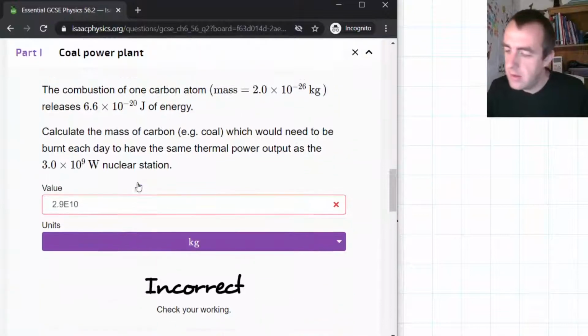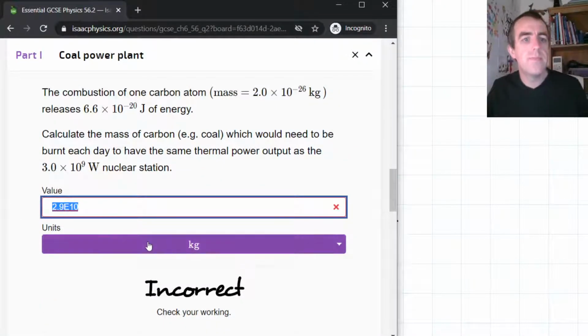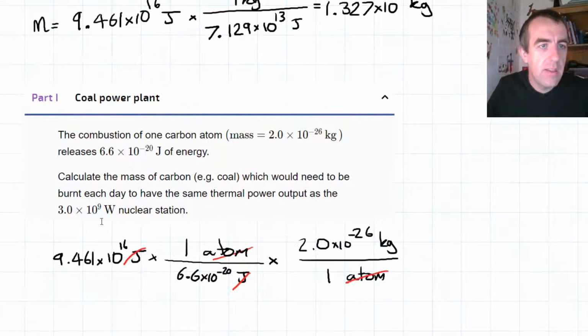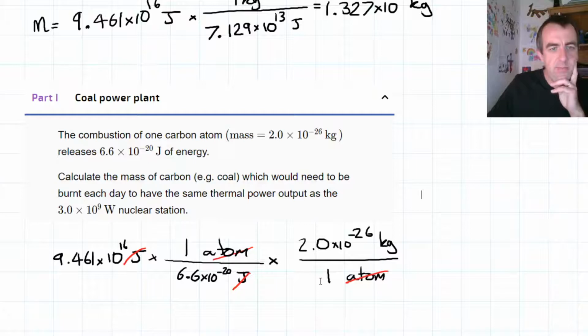No, I'm going to say, so what have I done wrong? Check my maths. That's the energy in total. I agree with that. That's the energy for 1 atom.